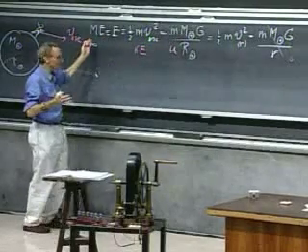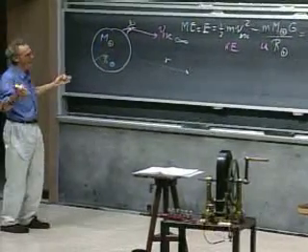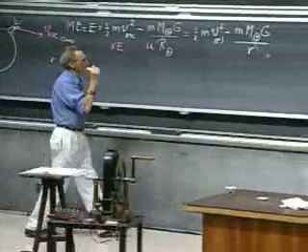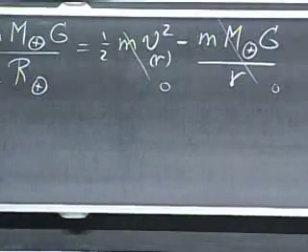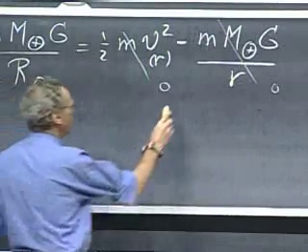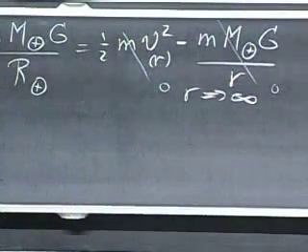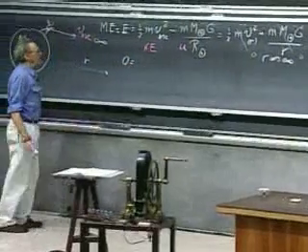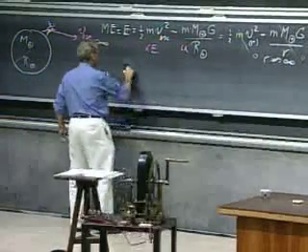If I give you a higher speed, well, then you end up at infinity with a little bit of net kinetic energy. So the most efficient way that I can do that is to make this also 0. So you reach infinity at 0 speed. So this is for r goes to infinity. And so this E equals 0 then. And so this term is the same as this term for your escape velocity.